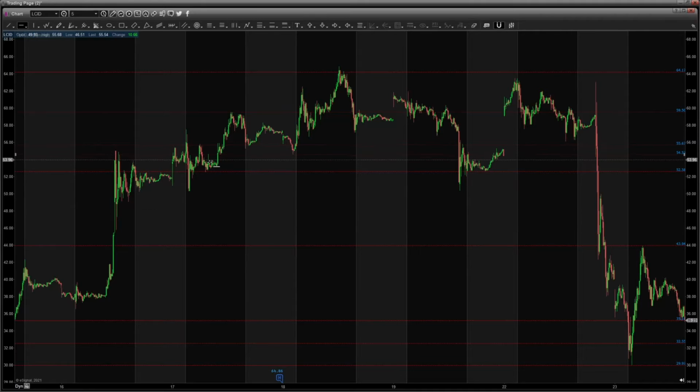I'll just do that one just to see how the reactivity is. And then this looks like a pretty major one, right there. So let's fast forward to today and see how these lines look.